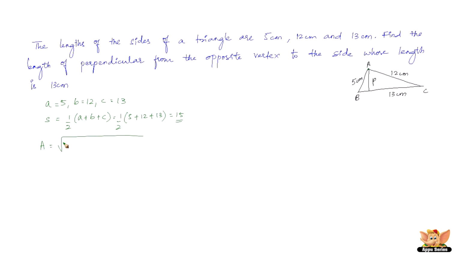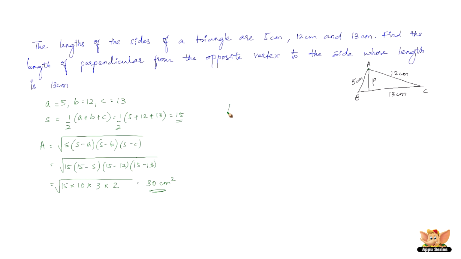We can easily use Heron's formula, S into S minus A into S minus B into S minus C. S is 15, so 15 into 15 minus 5 into 15 minus 12 into 15 minus 13, which is nothing but 15 into 10 into 3 into 2, and the square root of this is nothing but 30 centimeters square. So the area of the given triangle is 30 centimeters square.